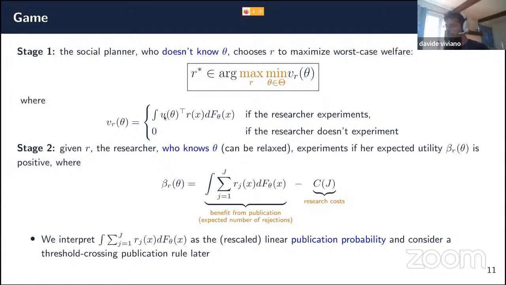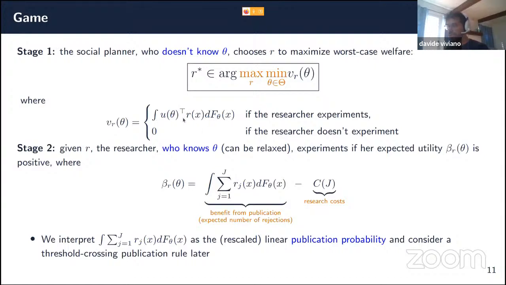Now, the utility will depend implicitly on the researcher's decision. If the researcher does not experiment, then the utility will be 0 because we're going to stick to the baseline intervention. And so there is no change in any policy recommendation, and so utility will stay at 0. On the other hand, if the researcher experiments, the utility will be the average effect of a given policy recommendation.